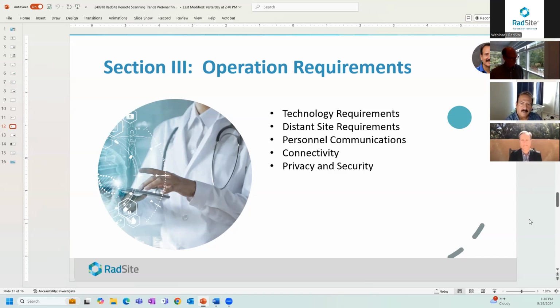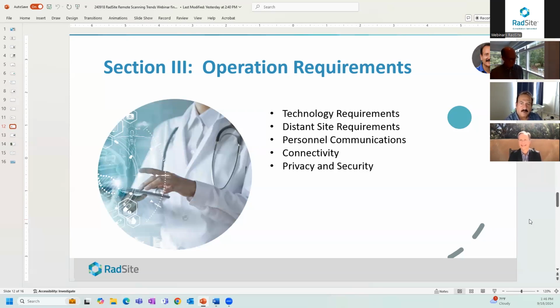There's requirements in-site, and then there are requirements for what is required at the distance site. And as we mentioned earlier, many of the vendors provide equipment in support for both within the scanning suite and at the distant site as well. But there are practices that have created their own equipment for that, and that could certainly meet accreditation requirements.